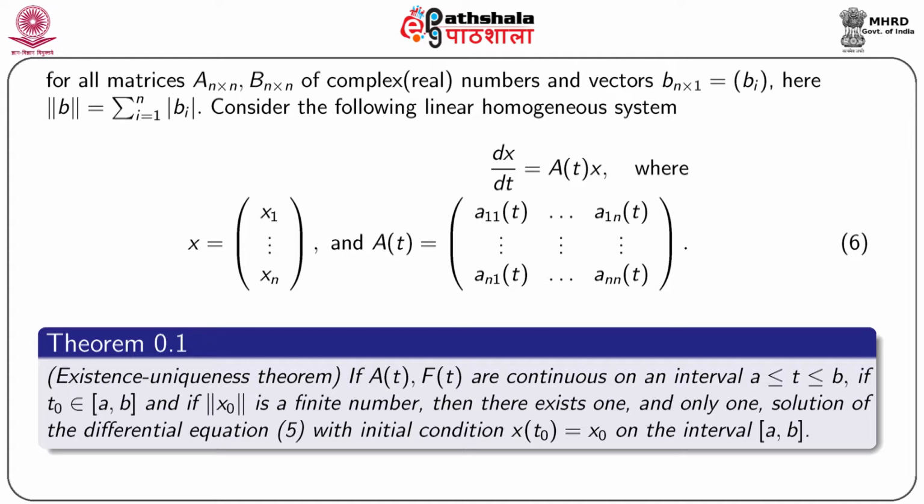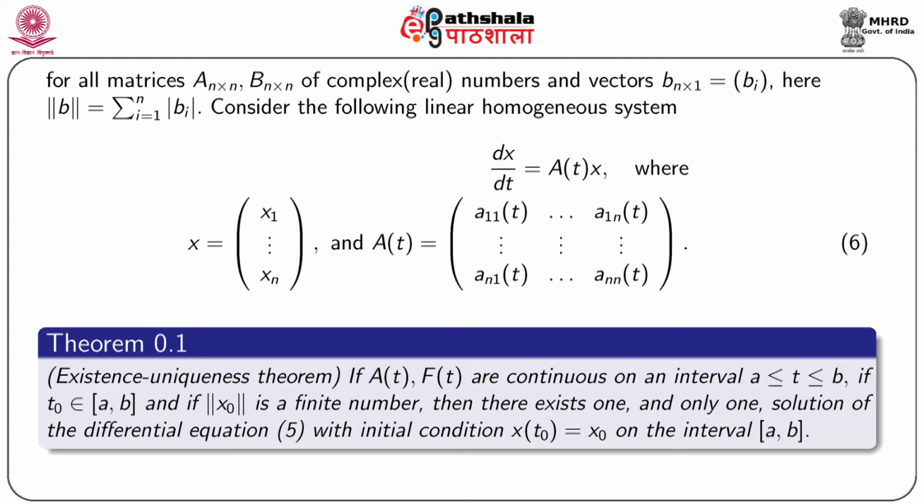Consider the following linear homogeneous system dx/dt is equal to A(t)x, where x is equal to (x1, ..., xn), and A(t) is equal to a11 a12 ... a1n, an1 an2 ... ann, all aij's are functions of t.